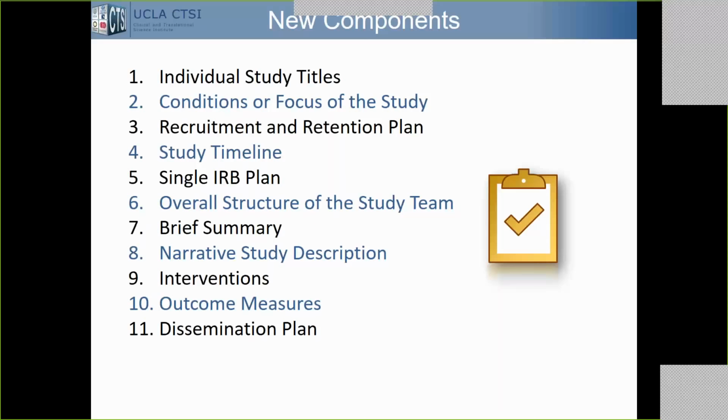So even within an R01, we're seeing some people have up to 8 individual studies. You may have a clinical trial at the first start of the study, and then later on you're proposing maybe a small pilot award that might be considered a delayed onset study. And so those in themselves would be 2 separate studies, in which case you would need individual unique titles for each of them. And that is separate from your application title, so they're not the same thing.